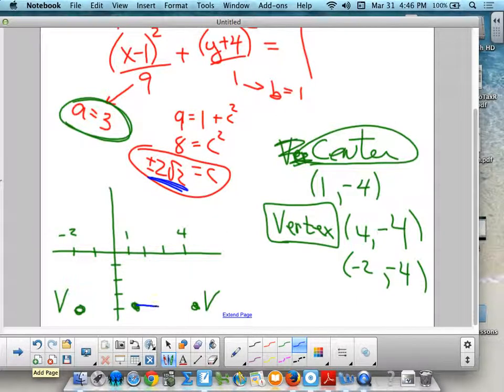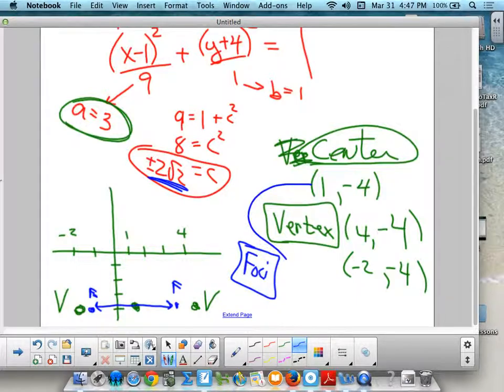So as you move this way, foci. As you move this way, foci. What are these numbers? Well, wouldn't it just be the center? Add 2 square root of 2 to the x value.